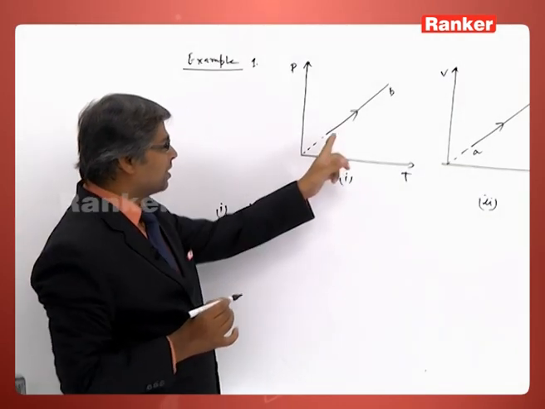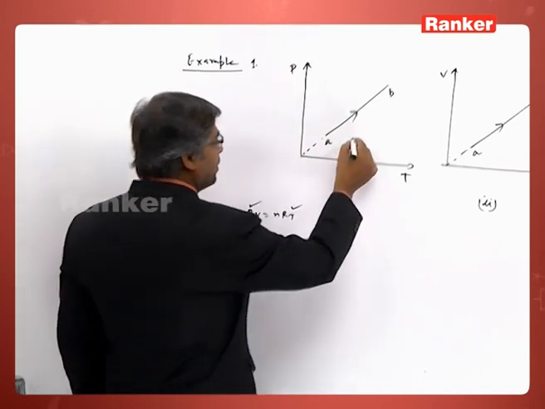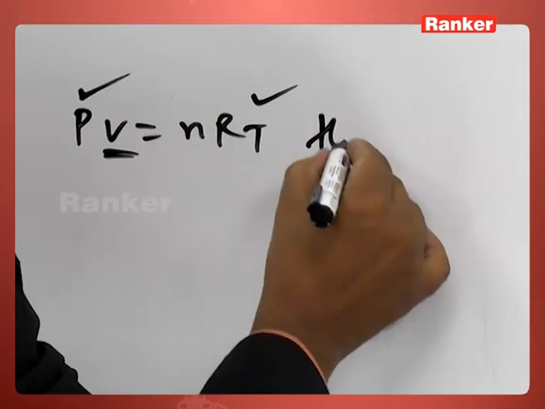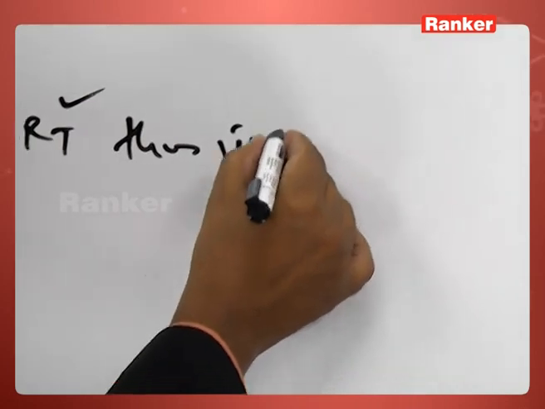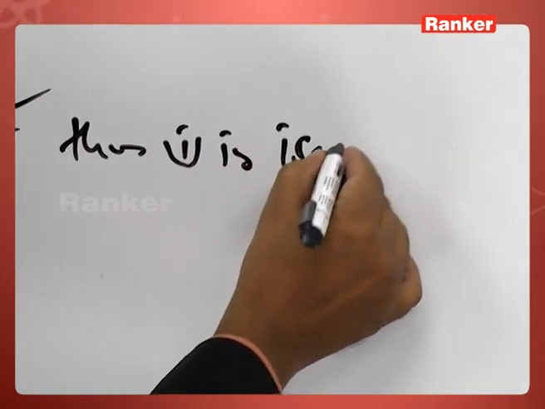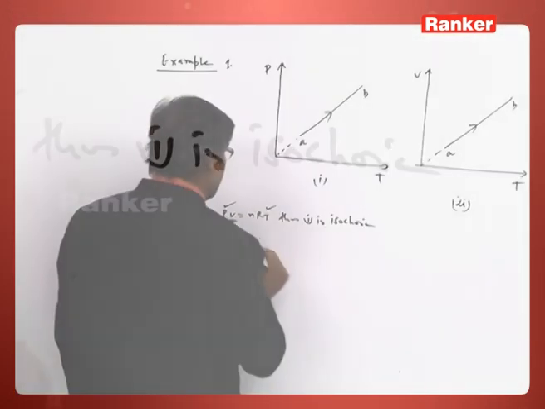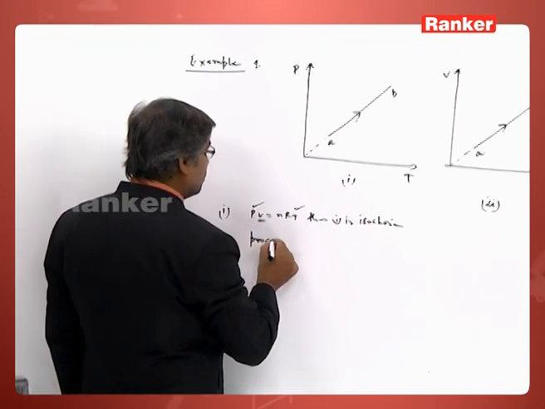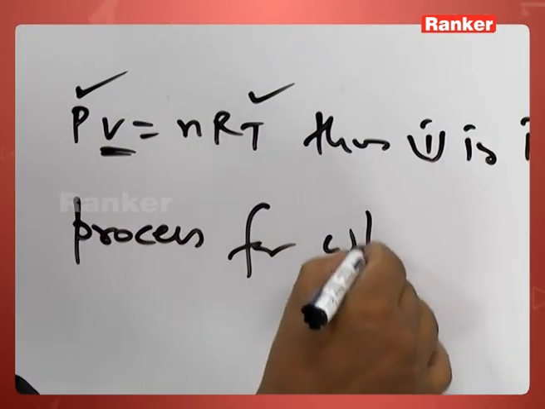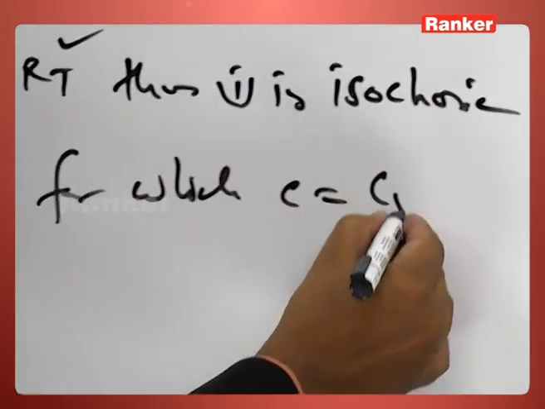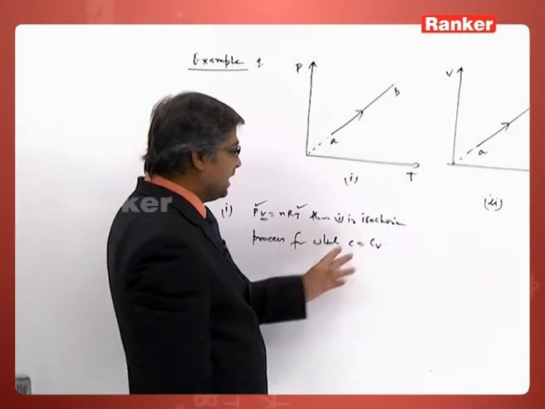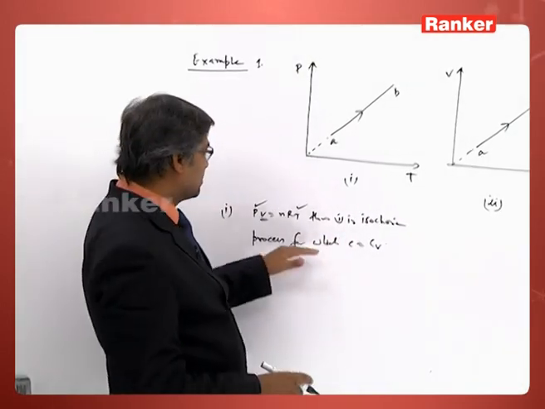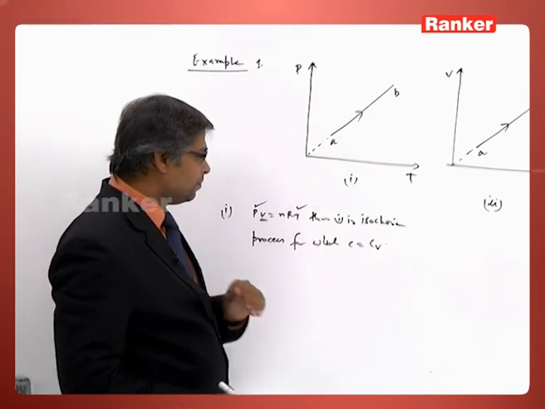That means this process is an isochoric process, for which C is equal to CV.